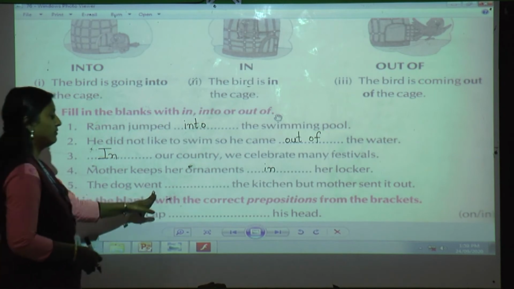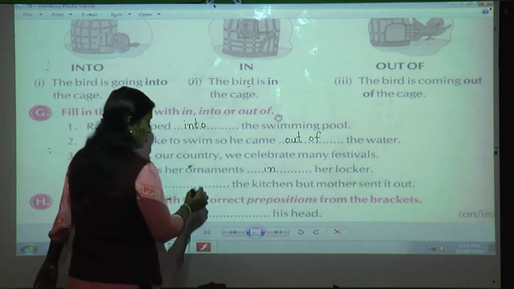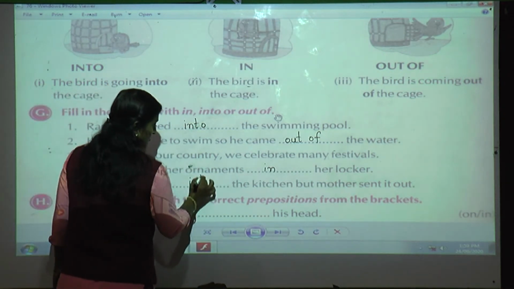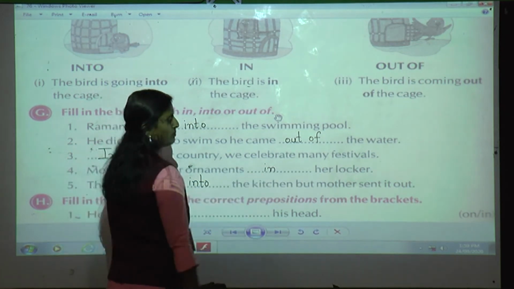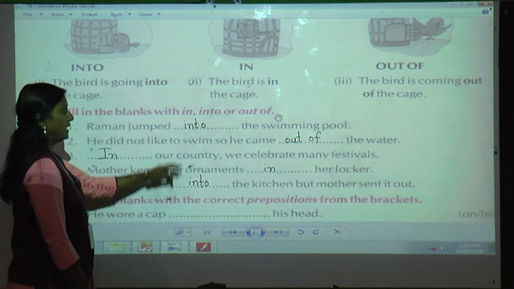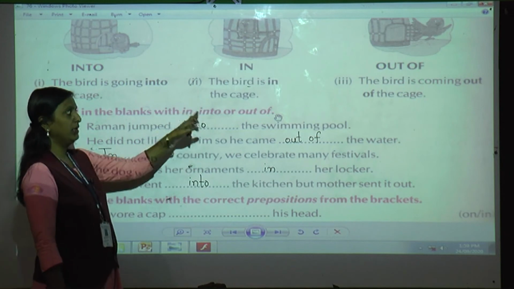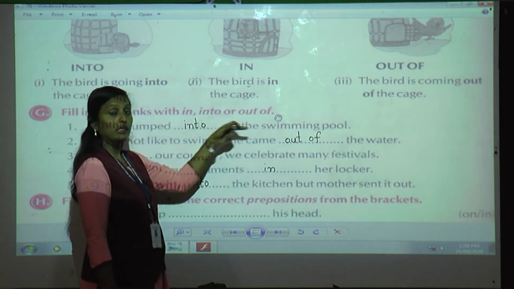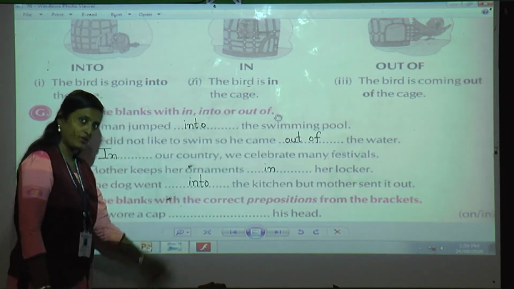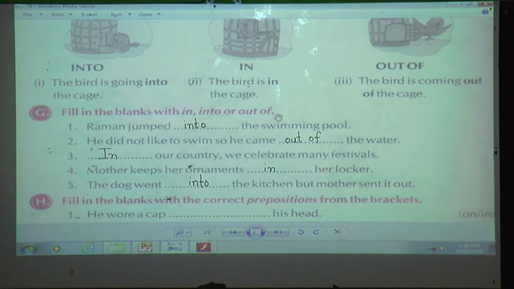Where did the dog go? Yes, into the kitchen, but mother sent it out. And in this way we have seen how in, into and out of these prepositions have been used in the following sentences of exercise G. Done?